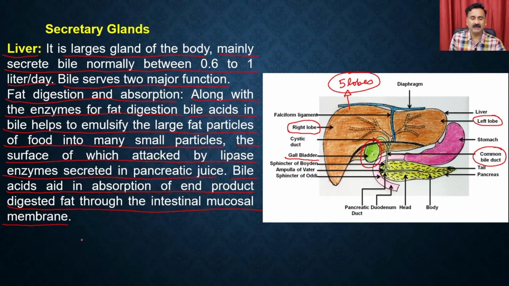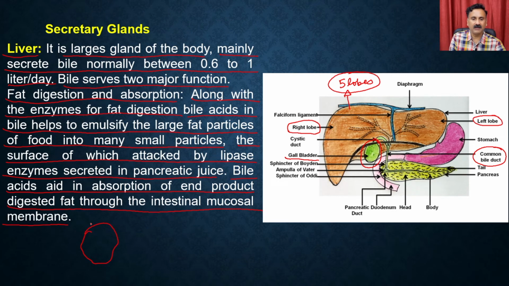So, even if you do the chewing and other things, you are going to generate small fat particles, but these small fat particles have a very small surface area. The acid present in the bile reacts with these fat droplets, and that is how they increase the surface area of the droplets.